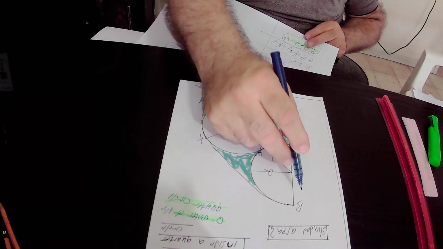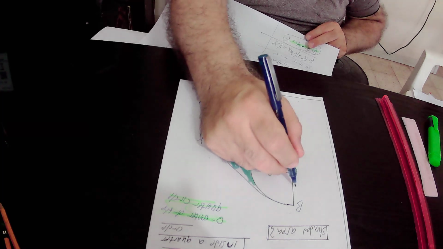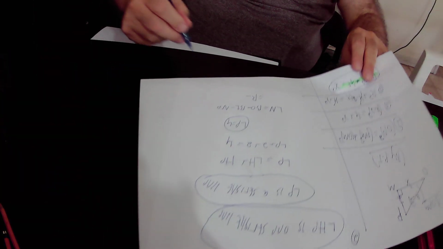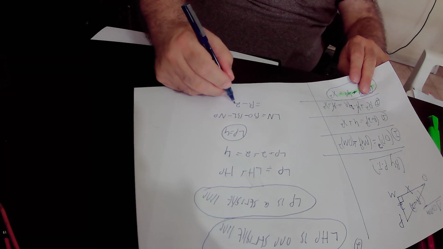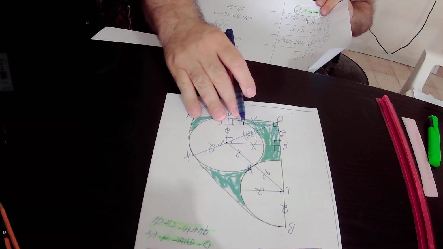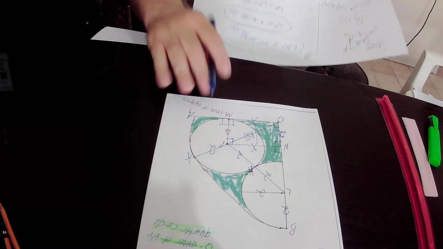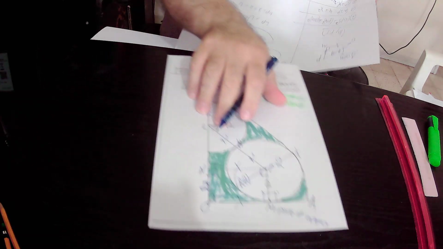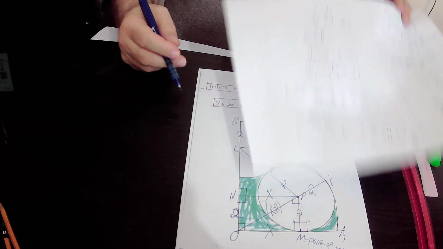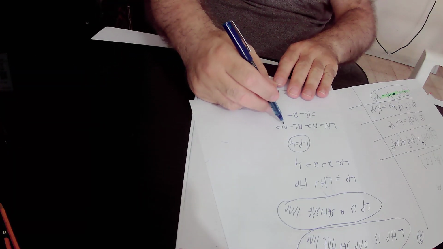That is to say, LB is the radius of the semicircle, equal to 2 units according to the question. So BL equals 2, minus NO. NO also equals 2 units, so we substitute NO by 2.